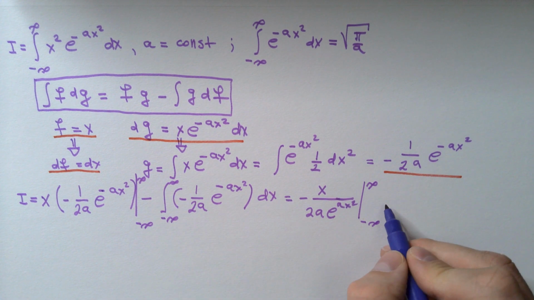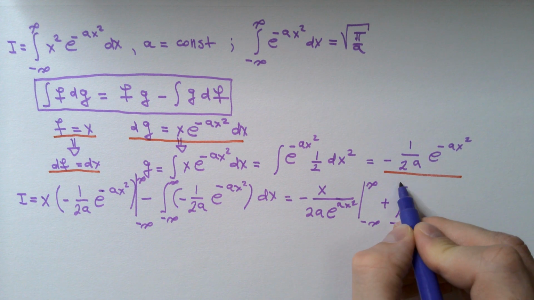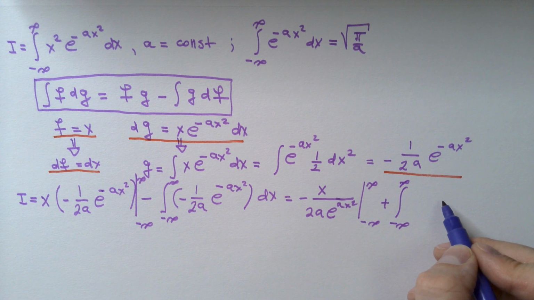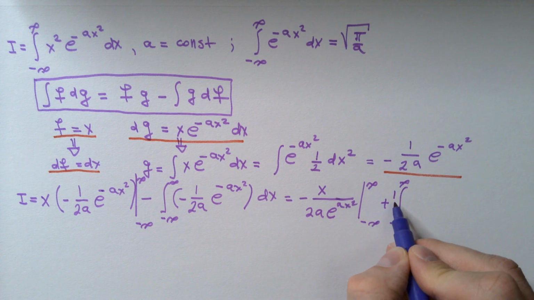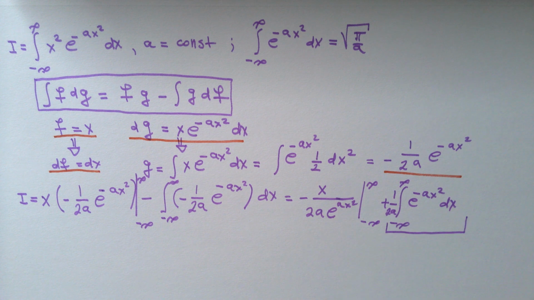Minus and minus will give me plus integral from negative infinity to positive infinity. And this 2a I can bring in front of the integral, and I get integral e to negative ax squared dx. When you look at this integral, you have a sense of happiness because you identify it's this integral over here.